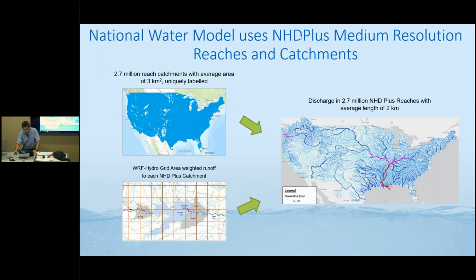So the National Water Model uses the NHD Plus medium resolution reaches and catchments. There's 2.7 million of them. They're about 3 square kilometers on average. They produce flows that you could visualize like that shown on the right.